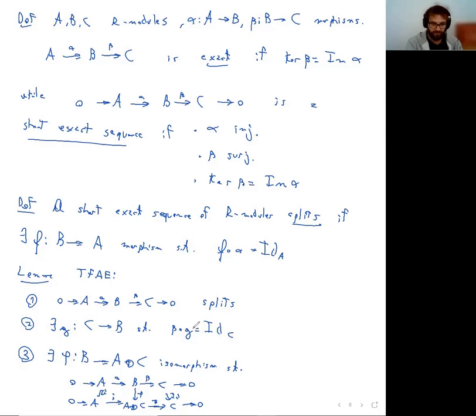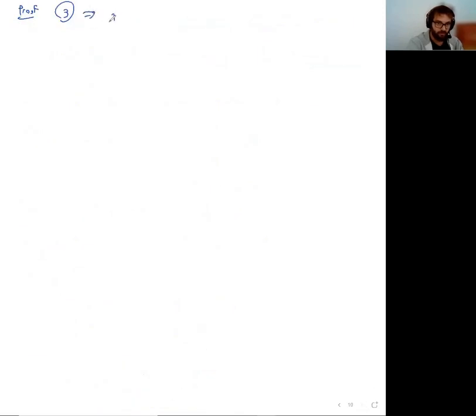Sorry, F goes from B to A. So phi composed with the projection to the first factor, and G goes from C to B. So you take this, and then you send it to (0, C). So 3 implies 1 and 2.